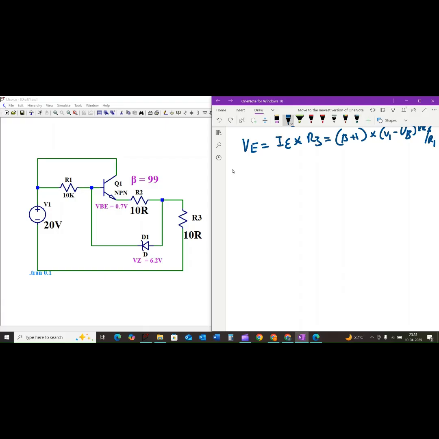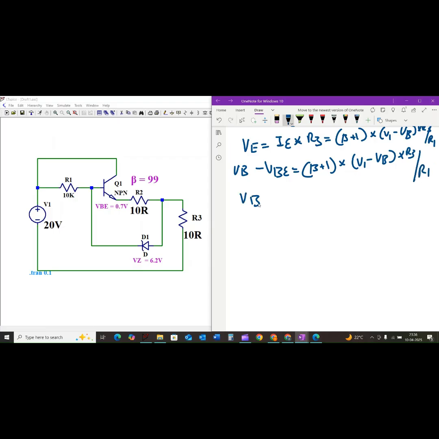And now we know that VE is equal to VB minus VBE, which is equal to beta plus 1 into V1 minus VB into R3 divided by R1.